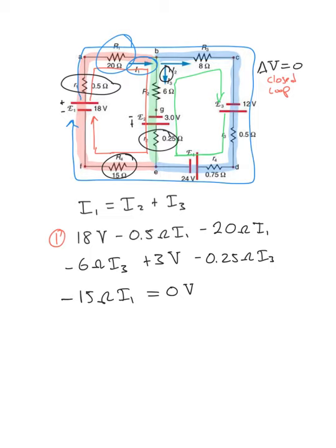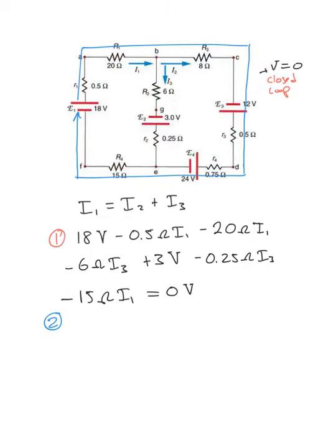The next thing that we're going to do is loop number 2, our blue loop moving around the outside. So for loop 2, we are again going to start at the 18 volt battery. To begin with, we write down the positive 18 volts that we gain by moving upwards through this battery.